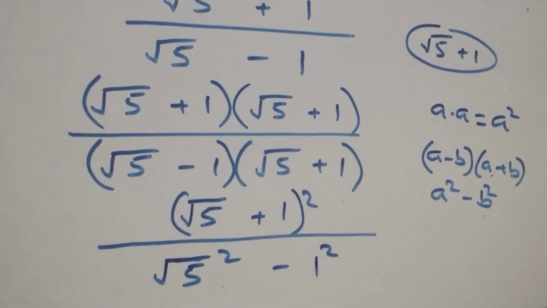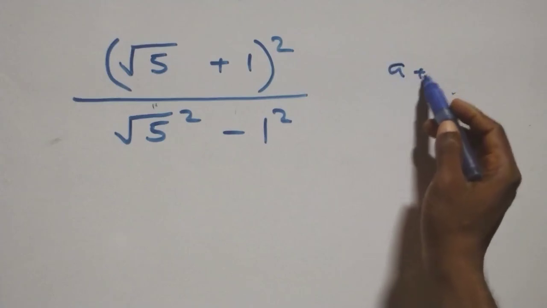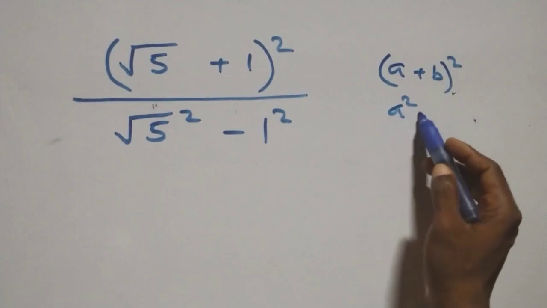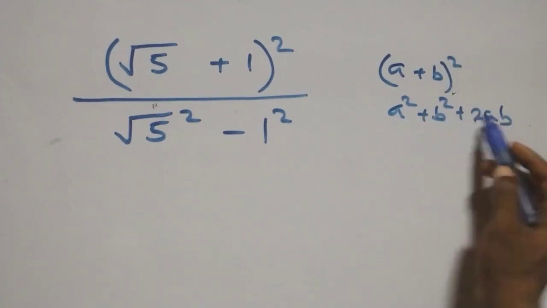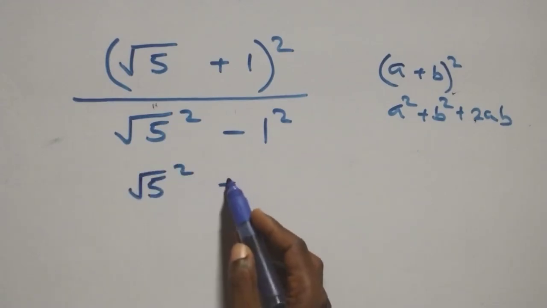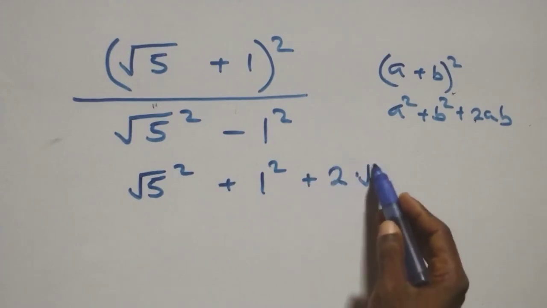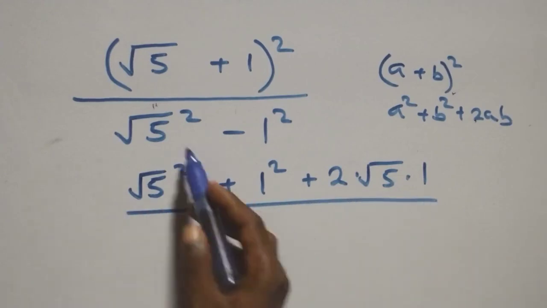That is, next step here, the expansion here follows when we have a plus b all square, which can be expressed as a square plus b square plus 2ab. That is, here we have root 5 square plus 1 square plus 2 times root 5 times 1 over root 5 square.